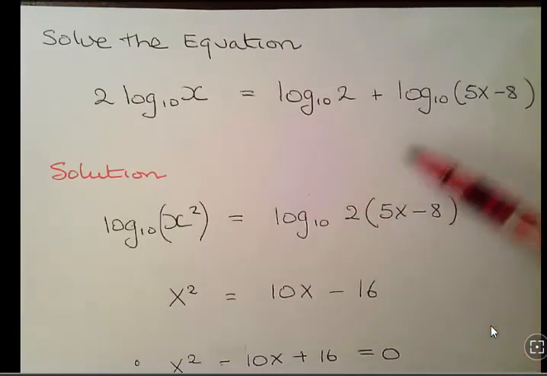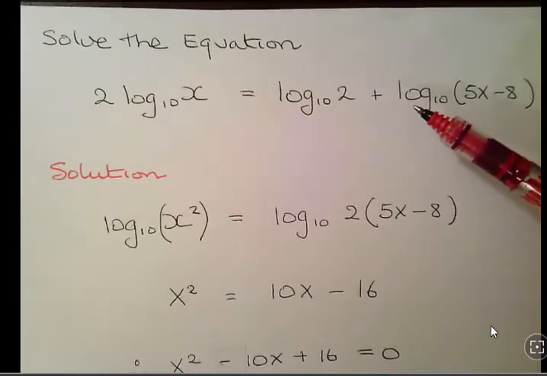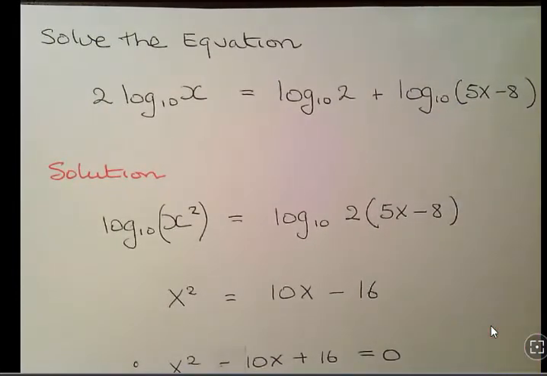We have 2 logarithms here, so we can combine them into one single expression: log of 2 to the base 10 plus log of 5x minus 8 to the base 10. So we can multiply out 2 and 5x minus 8 to get 10x minus 16.